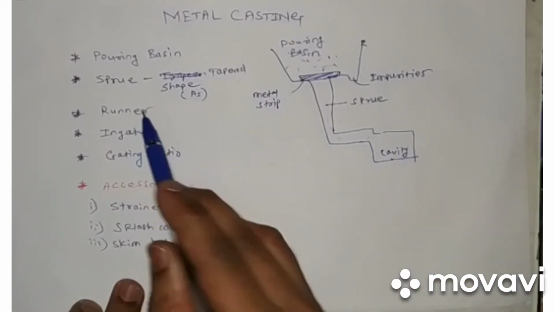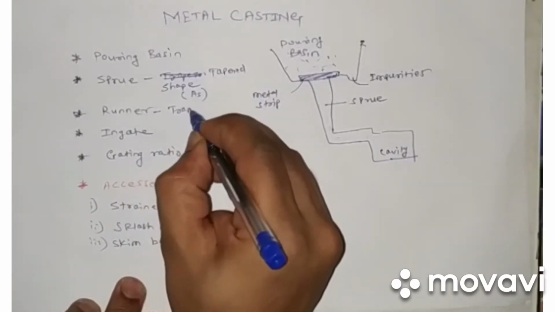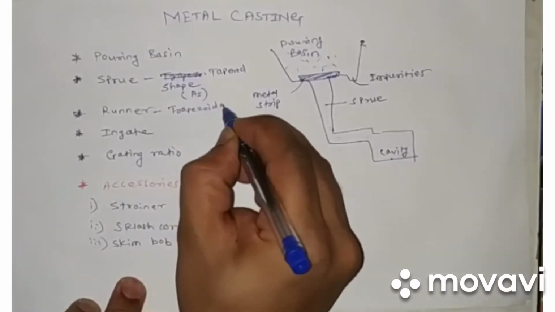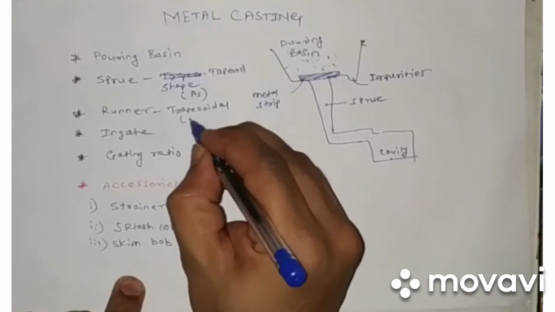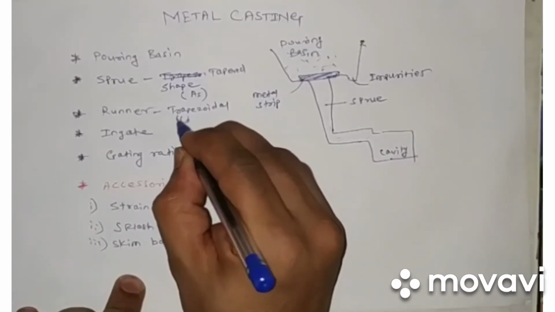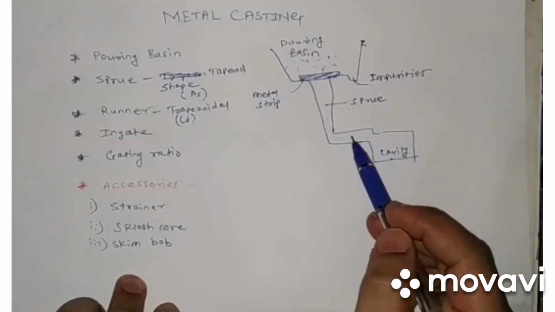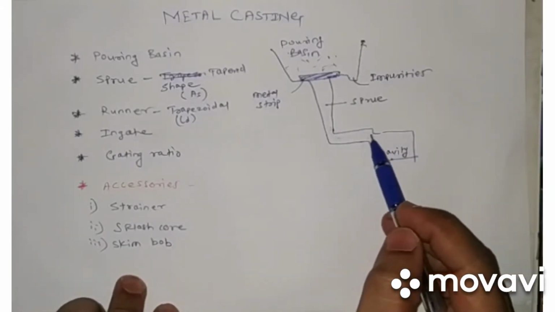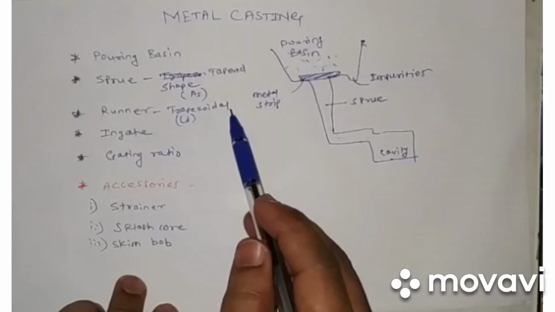The runner has a uniform trapezoidal cross-sectional area. The reason behind it is the trapezoidal shape has the highest coefficient of discharge, so it can carry the molten metal efficiently to the cavity.